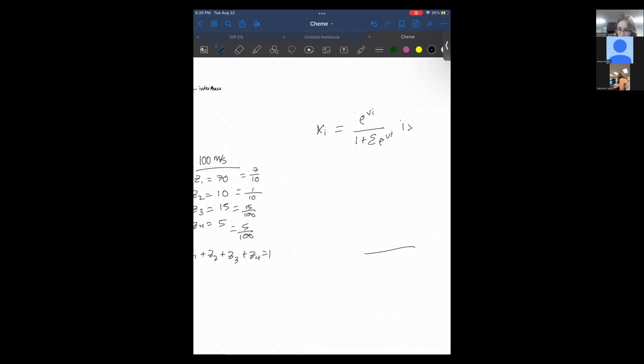And this is going to be for i less than n. So the next thing that we want to do is we're going to have an x of n, and our x of n is going to be 1 minus the summation of our x of i's. And this is going to be for when i equals n.